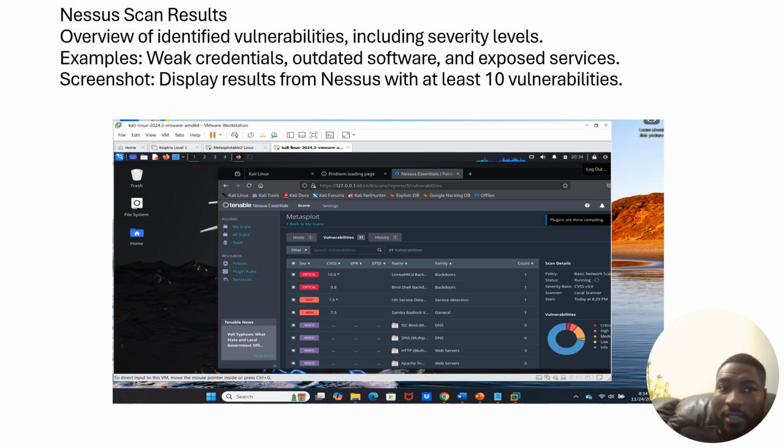Here is the Nessus scan results. Overview of identified vulnerabilities, including severity levels, for example, weak credentials, outdated software, and exposed services. There are about 31 vulnerabilities that were discovered.